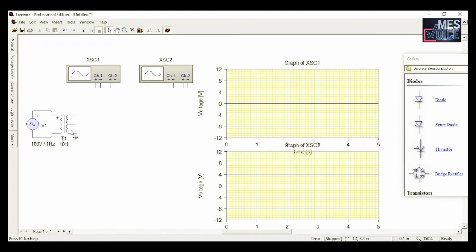We have an AC source and we have a transformer, 2 CROs and the corresponding graph of those CROs. Now we are adding a bridge rectifier circuit in this window. This is the bridge rectifier.